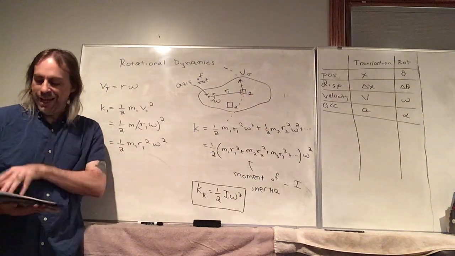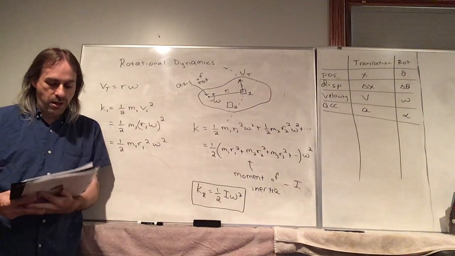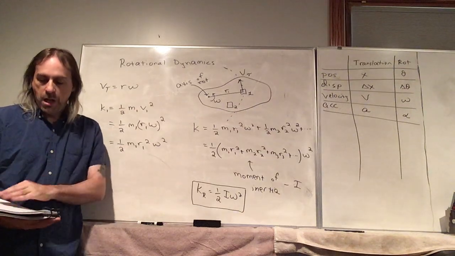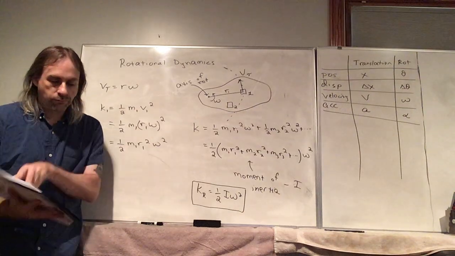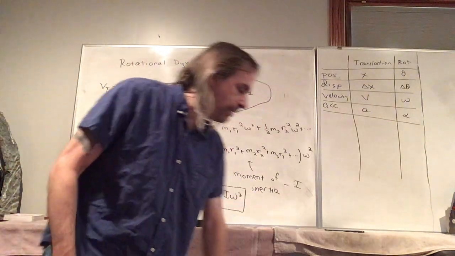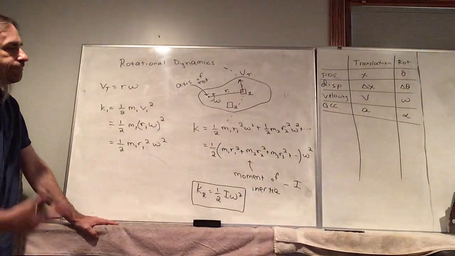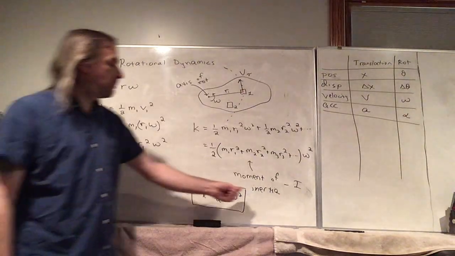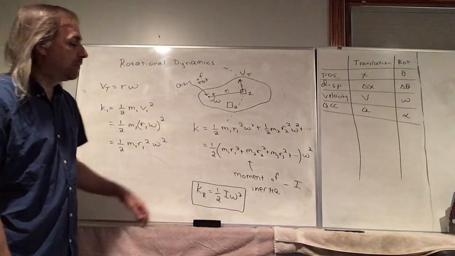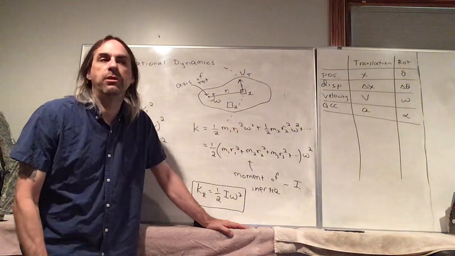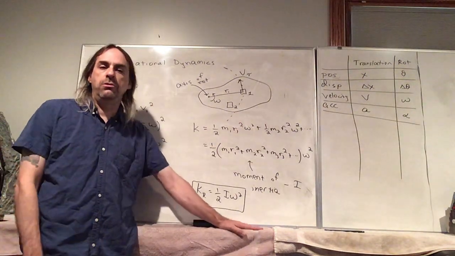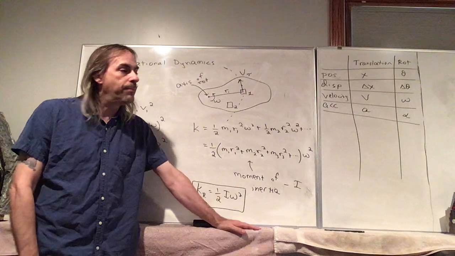Now, what actually is a moment of inertia? It's a measure of, well, the word inertia kind of gives it away. What is inertia? It is a tendency to just keep doing what you're doing.